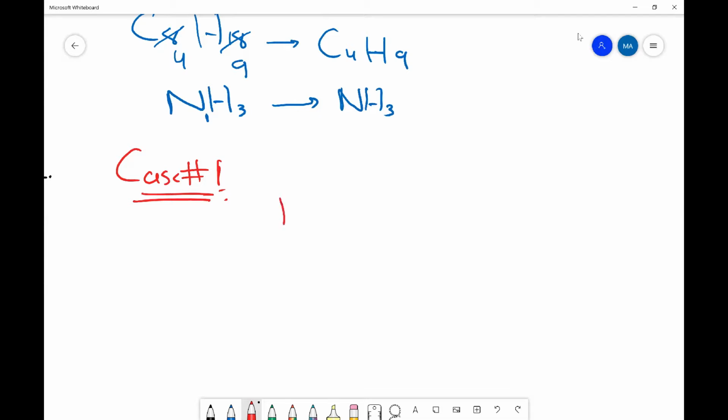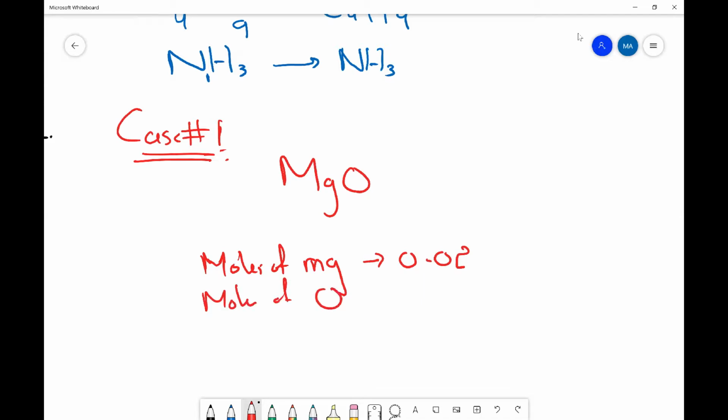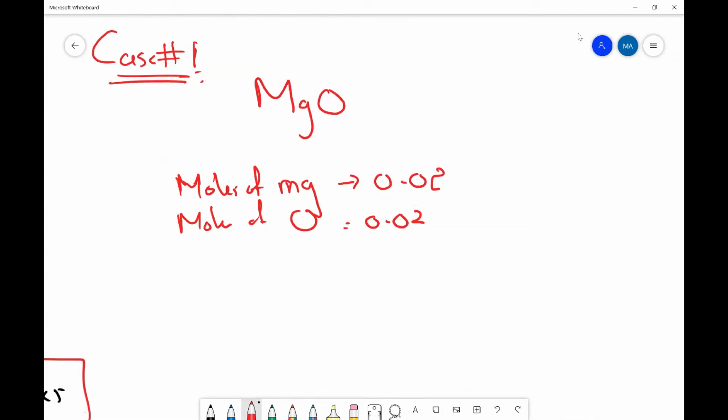Let's say you have MgO given, magnesium oxide, and I tell you that moles of magnesium are 0.02 and moles of oxygen are 0.02 as well.